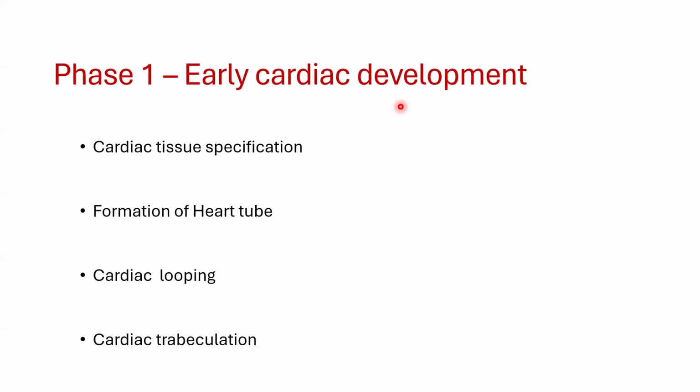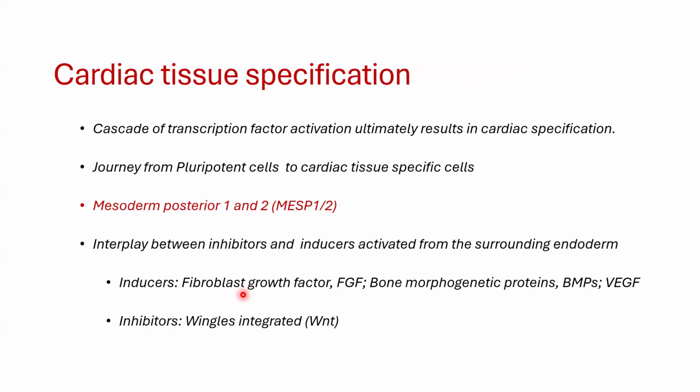These tubes fuse together to form a heart tube. The heart tube undergoes cardiac looping to orient itself, and then it septates and then undergoes trabeculation. Okay. So the first, cardiac tissue specification, is an organized process. It's very organized, but it's not random.